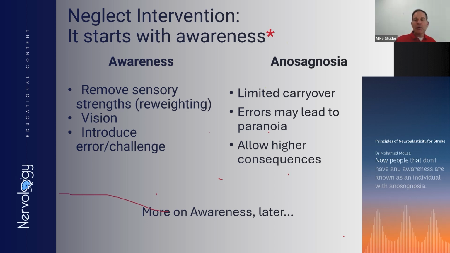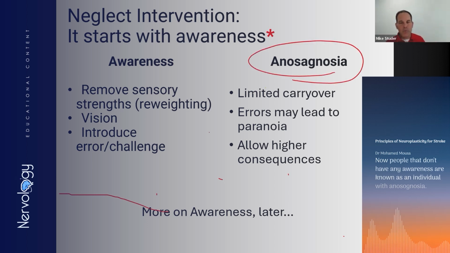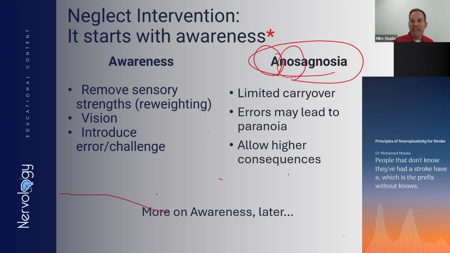Now, people that don't have any awareness are known as an individual with anosognosia. People that don't know they've had a stroke have a, which is the prefix without, nos, they don't recognize or they're not aware of their problems.